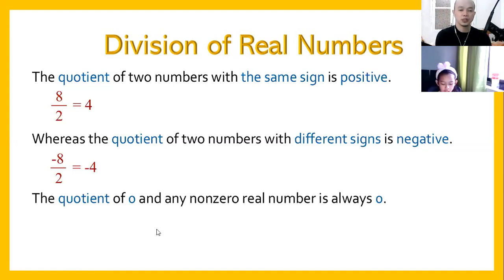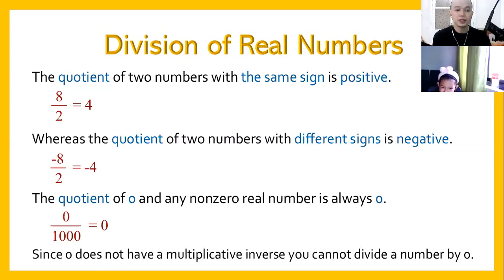How do you see that? For example, 0 divided by 1000 will be 0. Any number for that matter, when you divide 0 by any number, the result is always 0, okay?